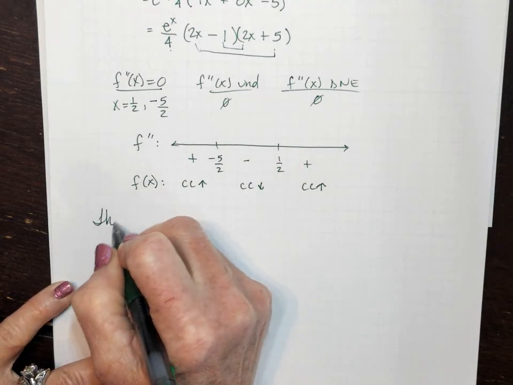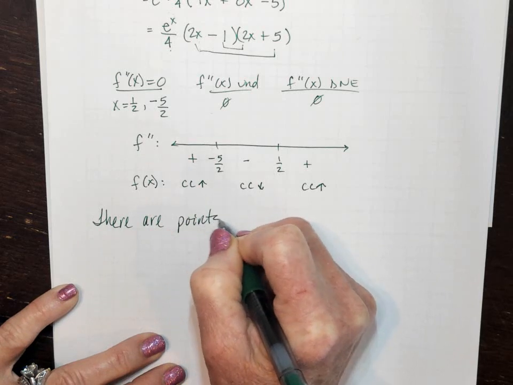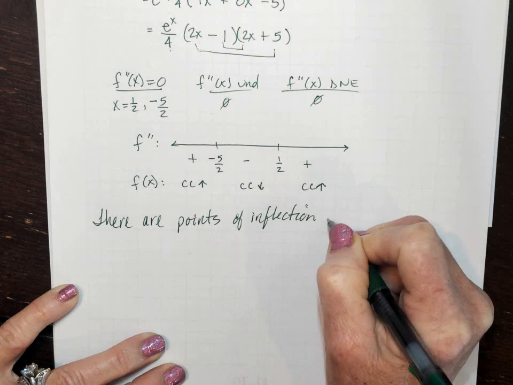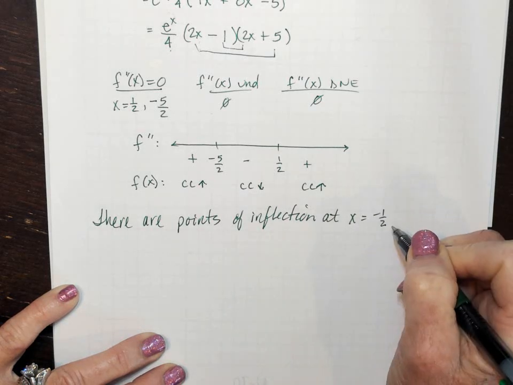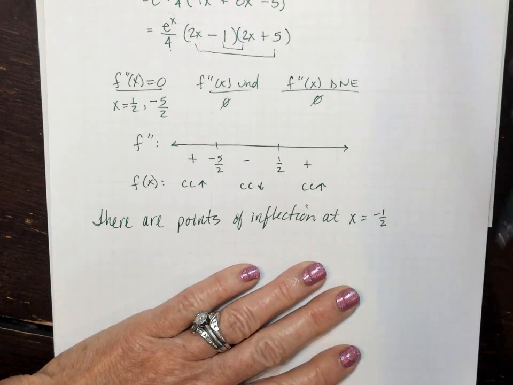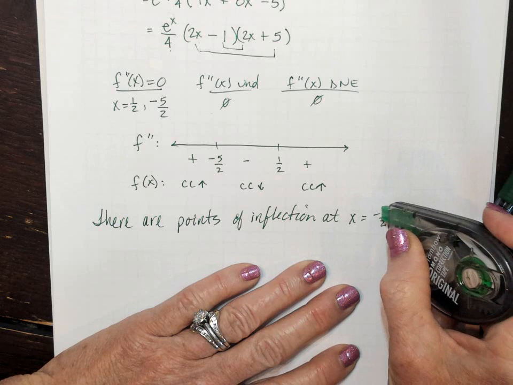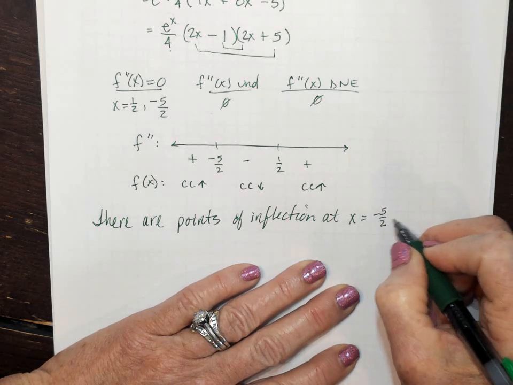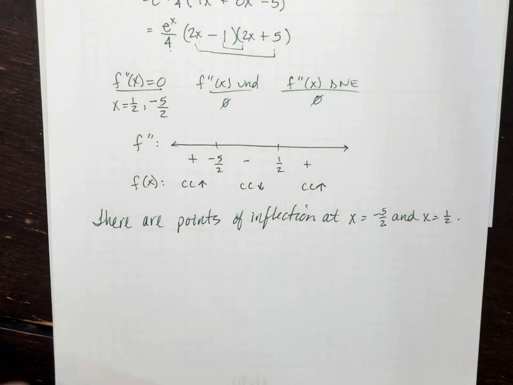There are points of inflection at x equals negative 5/2 and positive 1/2. Sorry, I had them backwards here. Negative 5/2 and x equals positive 1/2.